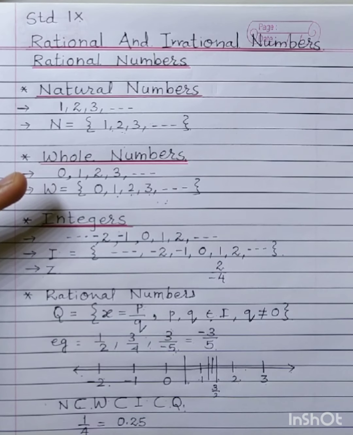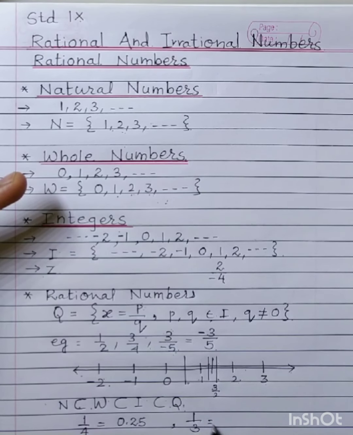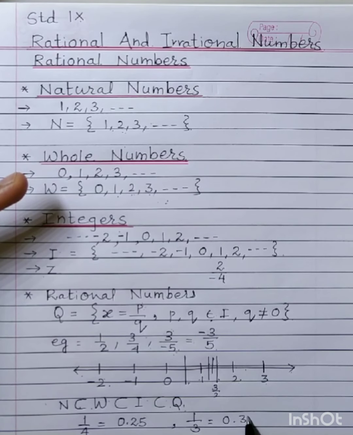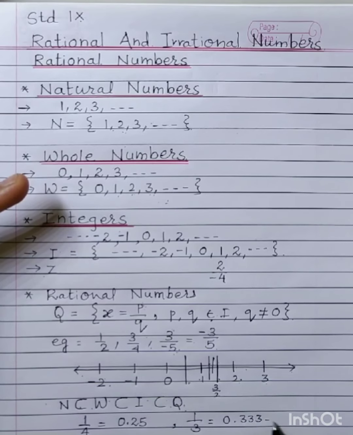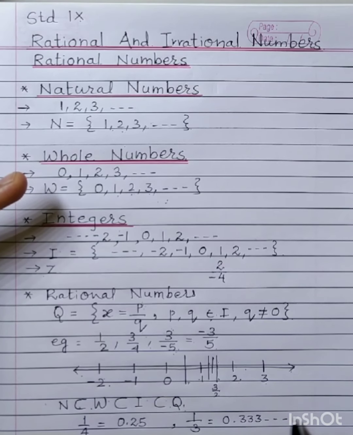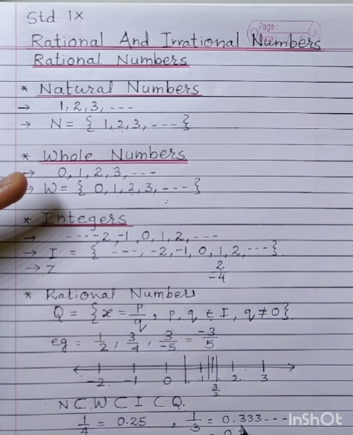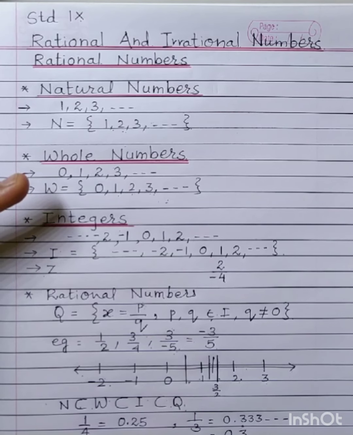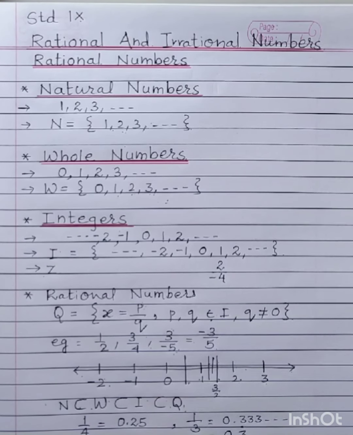Terminating decimal, you know it. And if I take instead 1 upon 3, you know the answer is 0.333 and so on. What kind of decimal representation is it? Recurring. You might write it as 0.3 with a dot on the top, which means it is a recurring decimal.